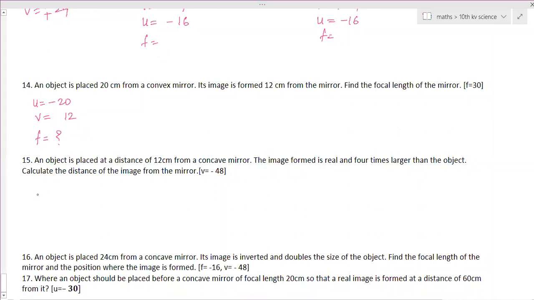Ma'am, 15th question. Ma'am, U is minus 12. Minus 12. Image formed is real and 4 times larger than the object. So in the same question you have solved already.